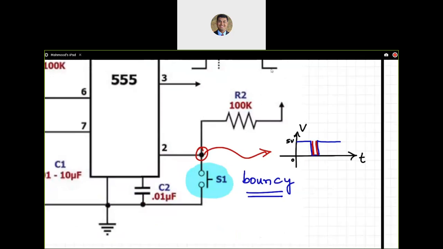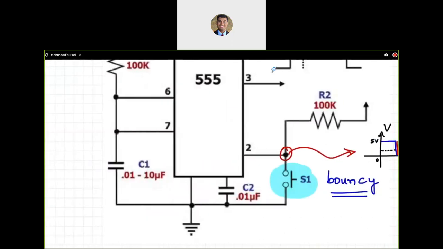We start charging the capacitor when the voltage on pin 2 goes below 1/3 of 5 volts. That is because pin 2 is connected to the trigger comparator, which is the bottom op amp inside the 555 IC, and the threshold voltage for that is 1/3 of VCC, and we talked about that several times in the previous lectures.